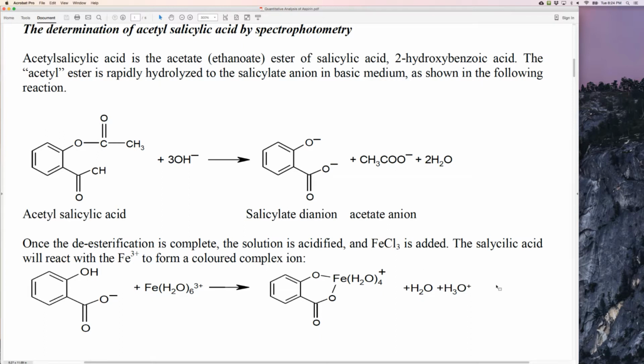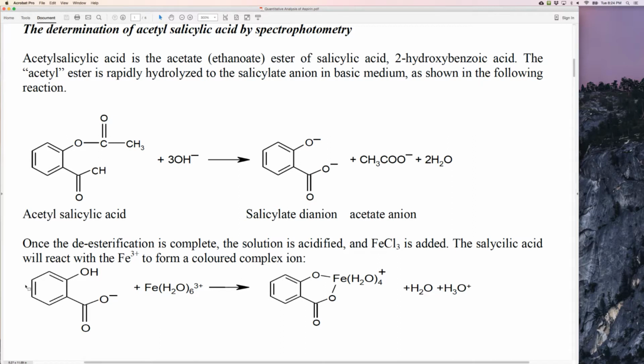We have byproducts of acid, hydronium ion, and a byproduct of water, because one of the waters from the complex of iron gets kicked off. Now, the chemistry here is not necessarily one of the major purposes of this lab. This lab is a quantitative analysis lab that is using this chemistry to determine an amount of a molecule that we're interested in.